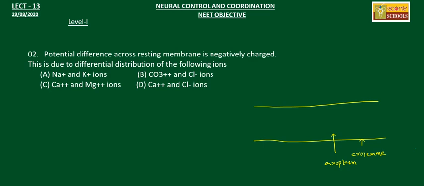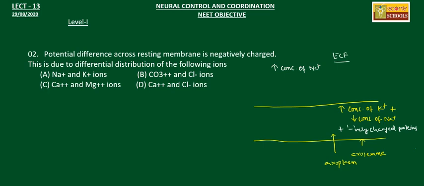Inside the axoplasm, we have a high concentration of potassium ions, a low concentration of sodium ions, and along with that there are immovable negatively charged proteins. In the ECF, there is a high concentration of sodium ions and a low concentration of potassium ions.